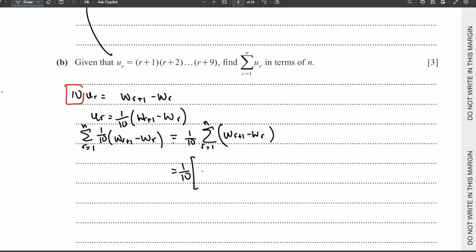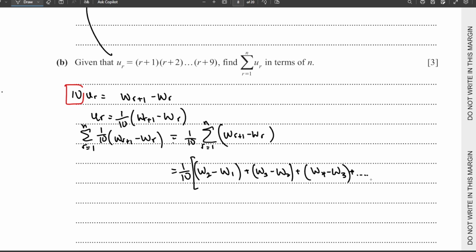So 1 over 10. When r equals 1, r plus 1 is W_2 and W_r is W_1. So this is when r equals 1. Then r equals 2, so we have r plus 1 is 3, and so on and so forth, up to W_4 minus W_3. In the middle here, we have a lot of other terms, until n minus 1.